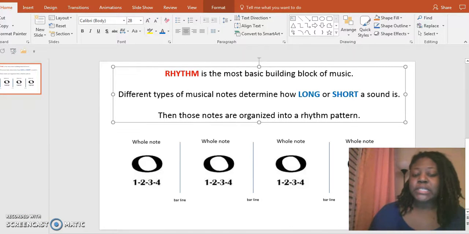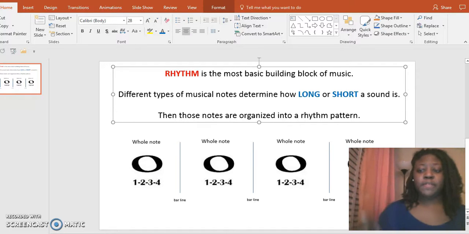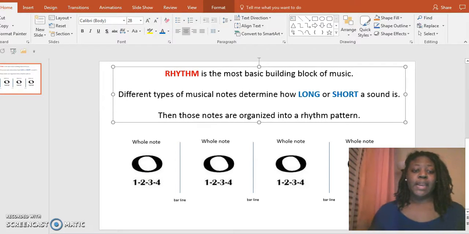As you can see, a whole note gets 4 beats: 1, 2, 3, 4. If I snap my fingers and count to 4, a whole note would be one sound that is held out for 4 beats.